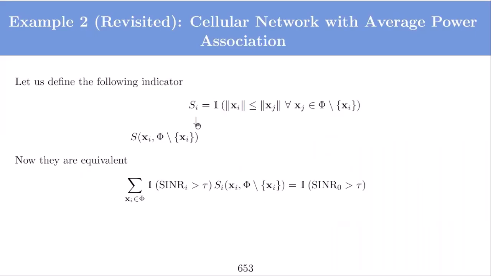This S_i is a function of location and the rest of the point process removing xi, as you can see from this notation. So now if you compare them, whenever S_0 is 1 and the rest of the S_i are 0, if you put that here, you will get that SNR 0 is more than tau on the left hand side, and that is also the right hand side.